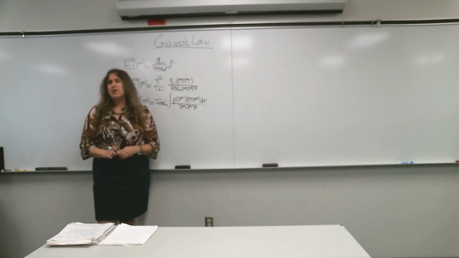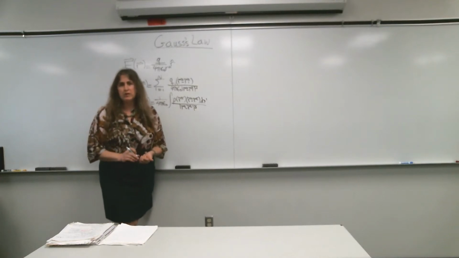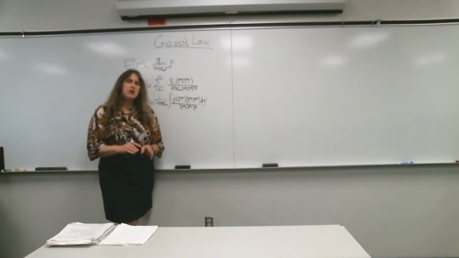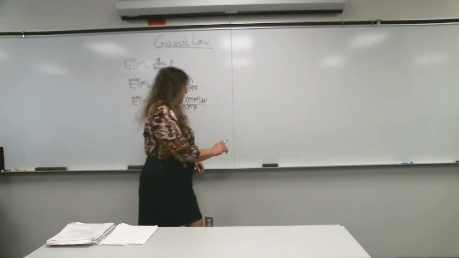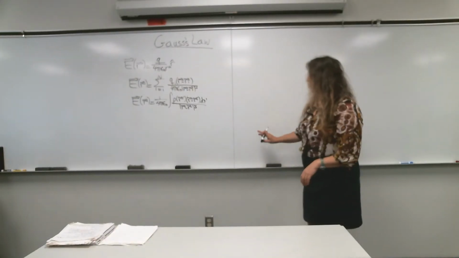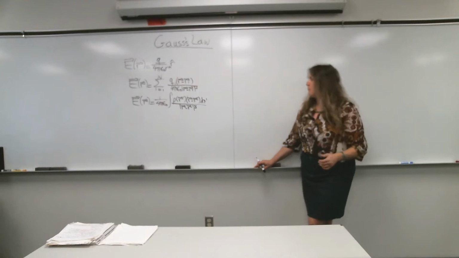Another concept that we talked about last time around was field lines, and there were 3 rules for field lines. Number 1, they originate on positive charges and terminate on negative charges. Field lines don't cross, and furthermore, field lines extend or could extend into space as well.